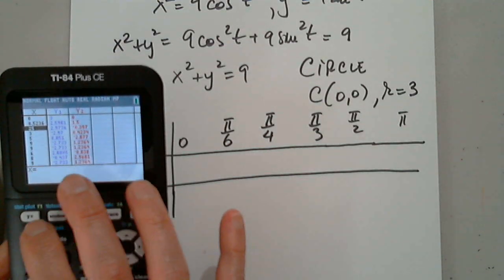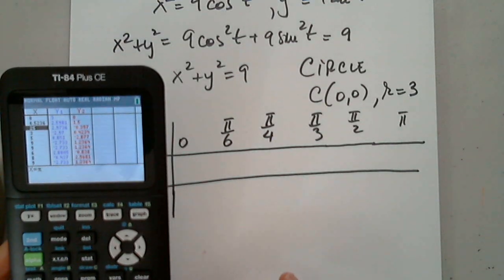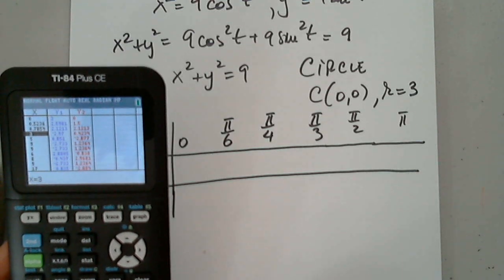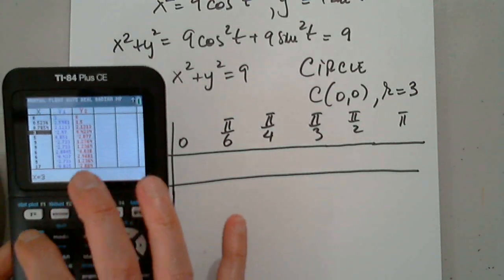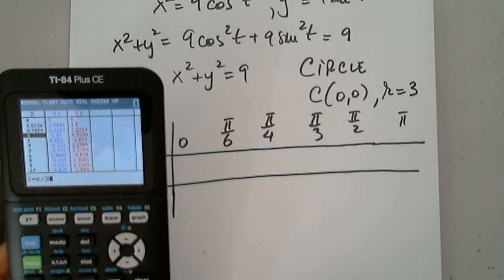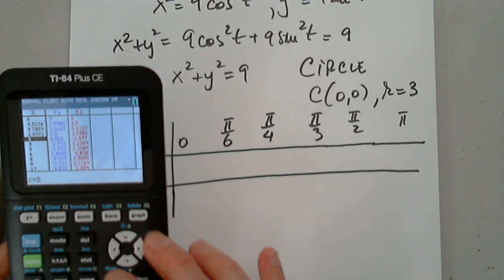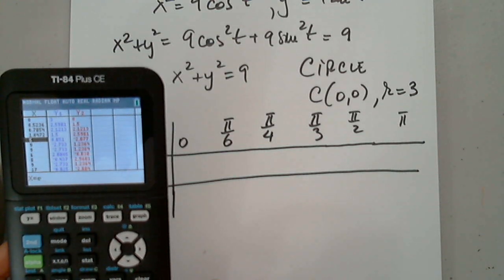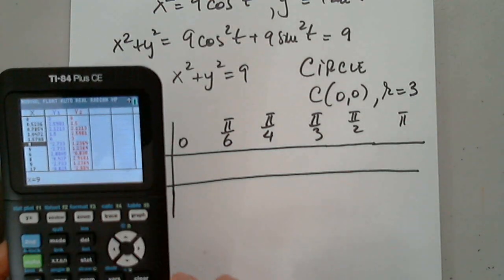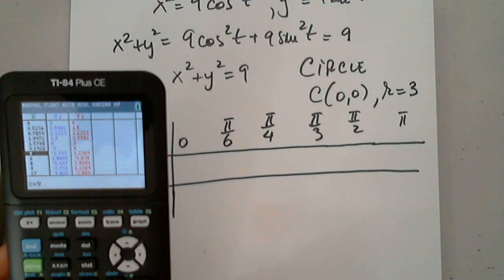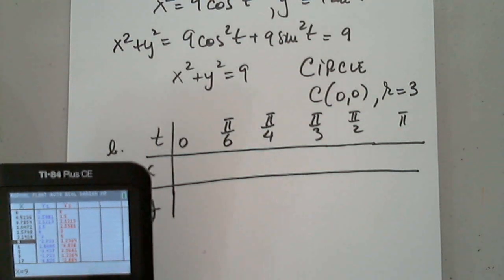I need pi over 3. I need pi over 2. And I need pi. So let's see what we get.